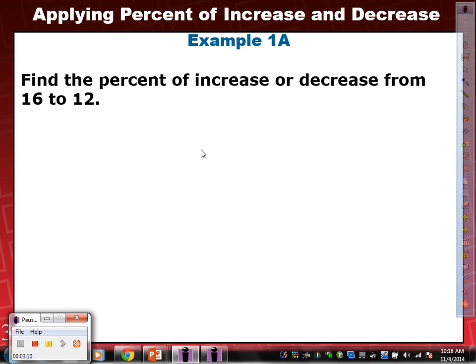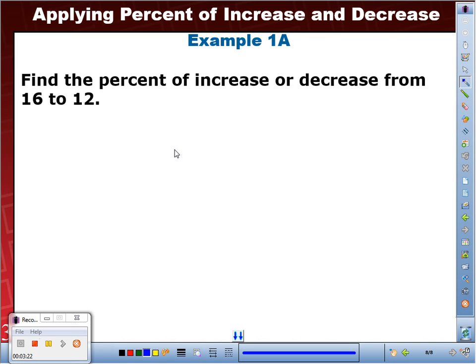Stop writing, please. Pencils and writing utensils down. Here we go. First thing I do is to find out if this is going to be an increase or decrease. So I'm going to circle my original amount. The original amount is the first number that comes up. So then I'm going to think, what happens from here to here?